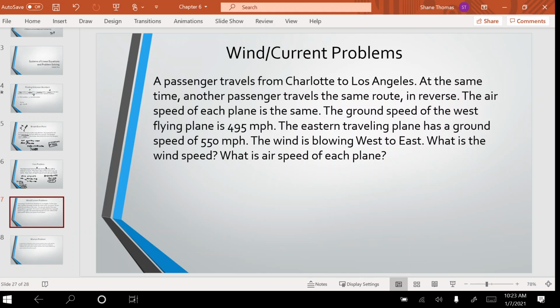What's the difference between airspeed and ground speed? There's less resistance, okay? So basically, for lack of a better term, the ground speed is your resultant speed. So if I'm in a plane and I set the cruise control at 200 miles an hour, does that mean I am going 200 miles an hour relative to the ground?